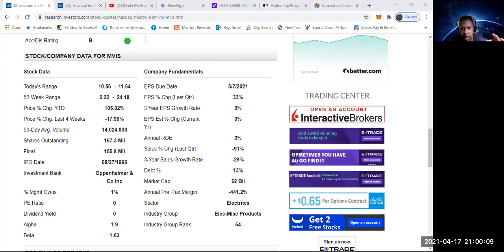Honestly, if I take the kid gloves off, I've heard a lot about MicroVision, but you wouldn't catch me buying short term on this. It's a speculative play. If I believe in what this company's doing, I'll put money into it. But I need to know what their proprietary edge is, what they have that's leading everybody.